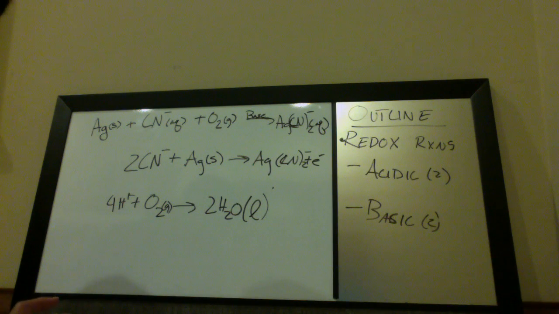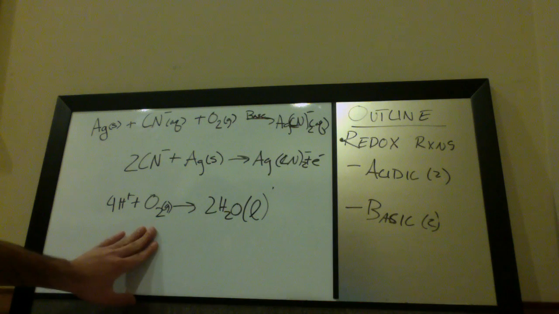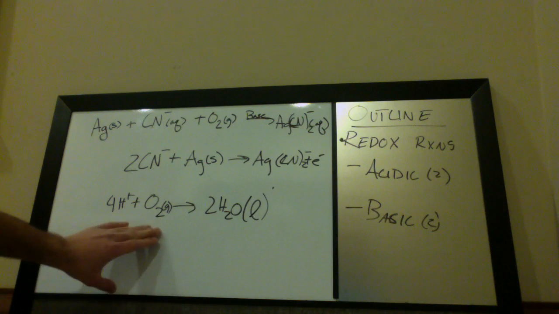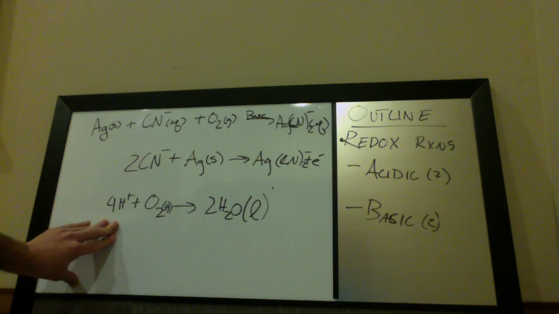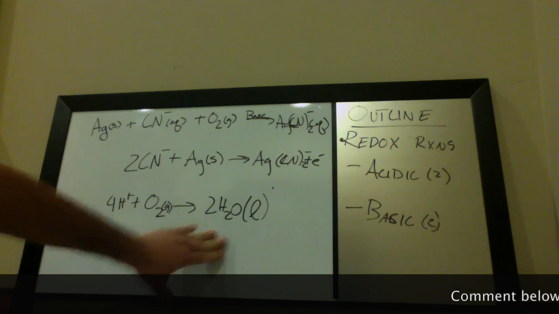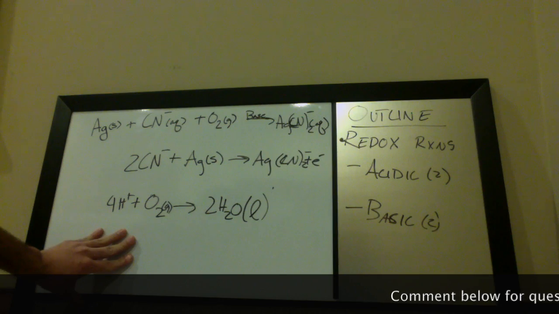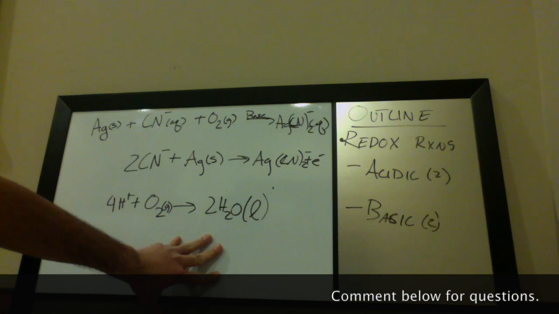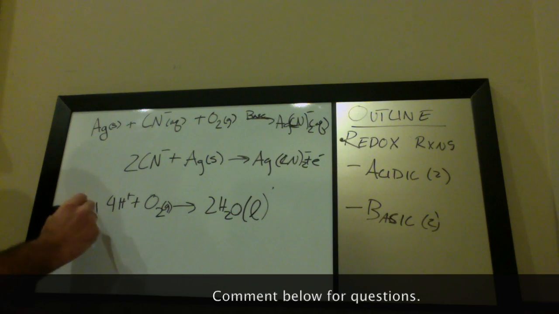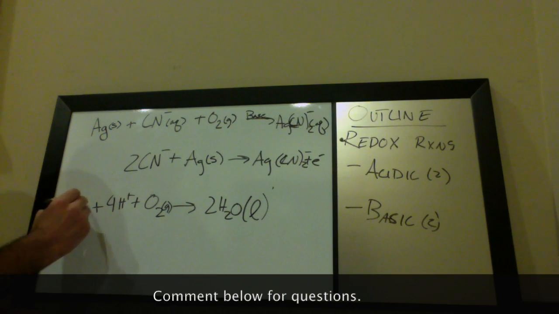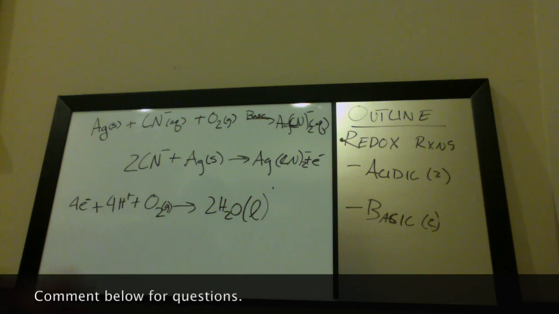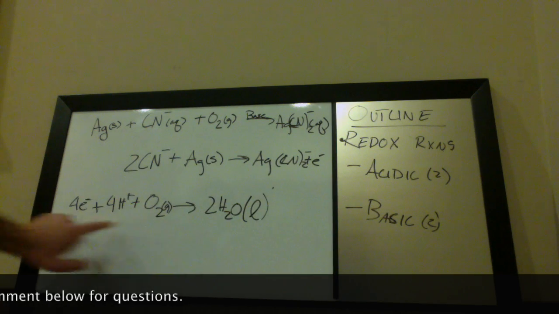To balance the charges, I know oxygen has a 0 charge since it's a diatomic in this example, and there's a +4 charge here. There's a 0 charge here, so I gained 4 electrons, right? So I have to add 4 electrons to the reactant side.